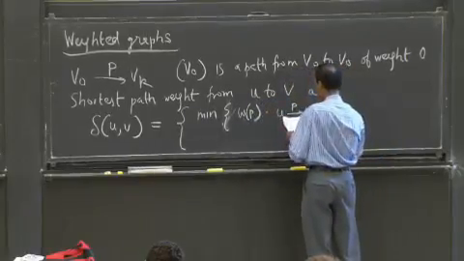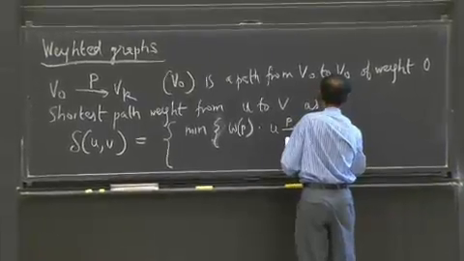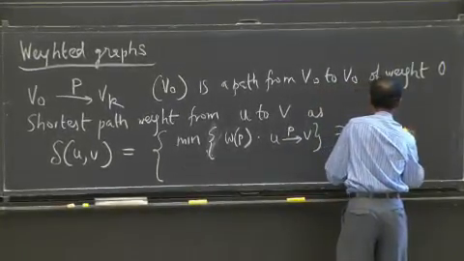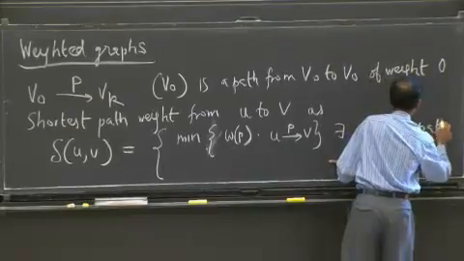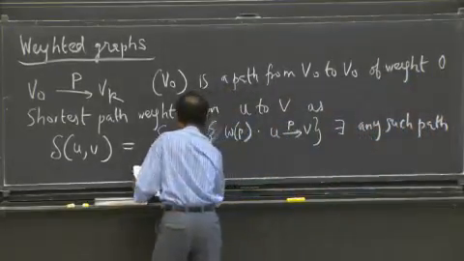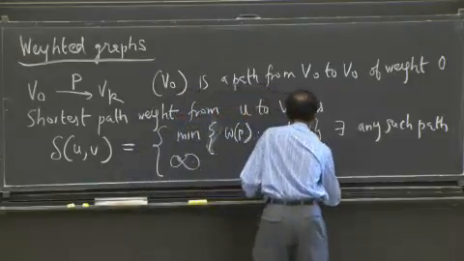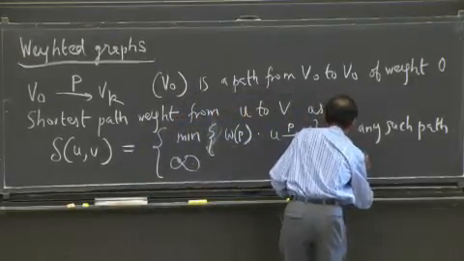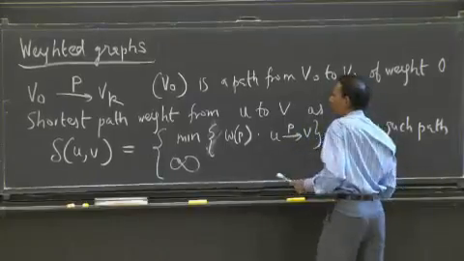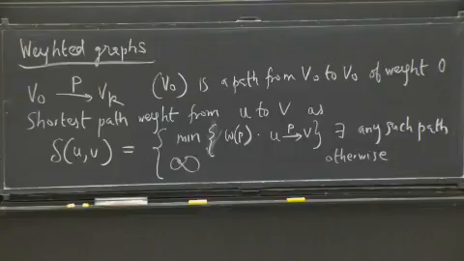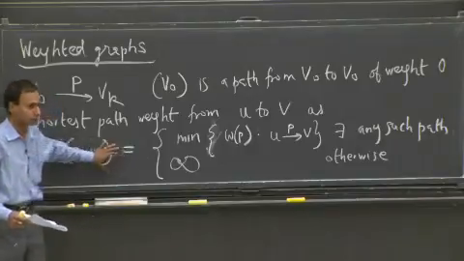And this is the case where there exists any such path. And the last thing is you want the weight to be infinity otherwise. So if you're only talking about roads, going from here to Tokyo should have length infinity. A little matter of the Pacific Ocean in between, right?